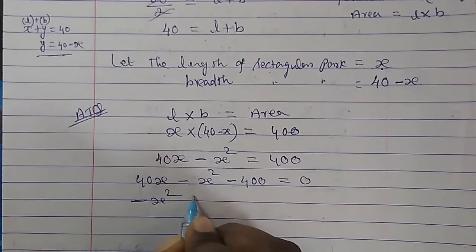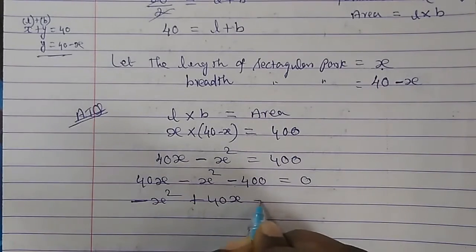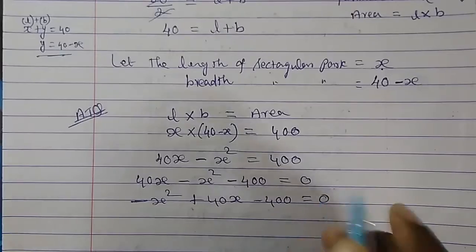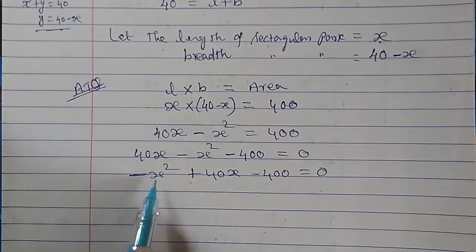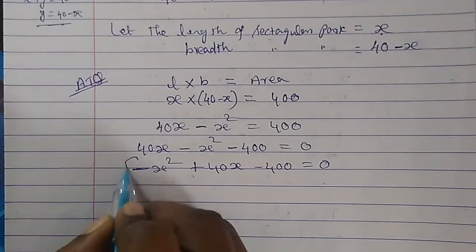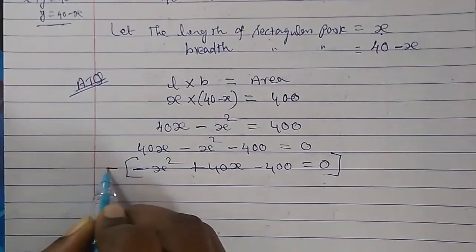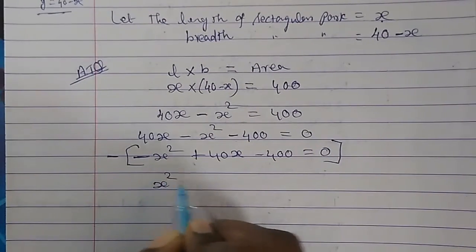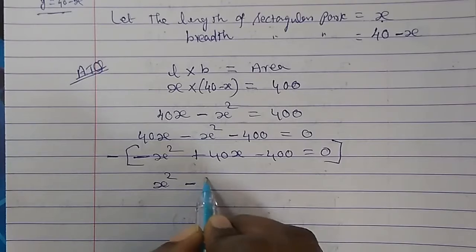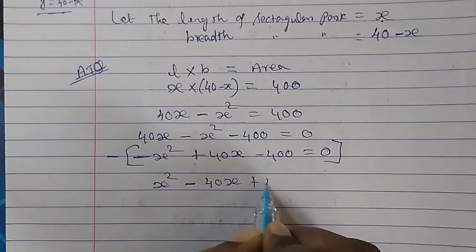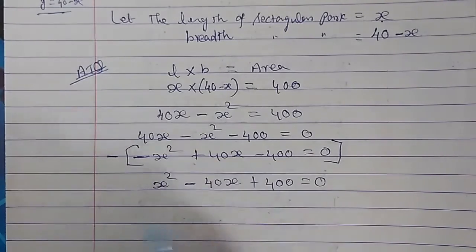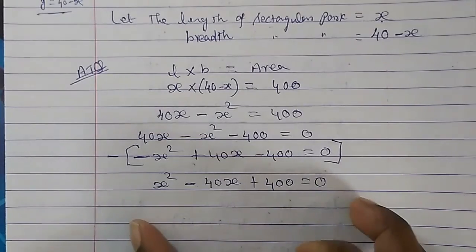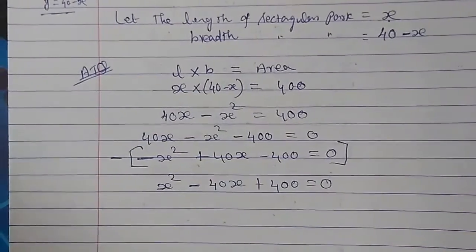So minus x square plus 40x minus 400 equal to 0. Now I told you x square cannot be in minus, so whole thing we will multiply with minus. So then we will get x square minus 40x plus 400 equal to 0. So now this is the standard form of the quadratic equation.